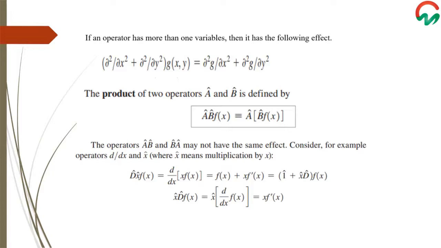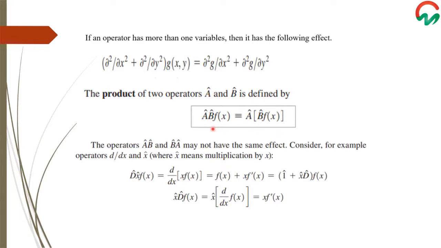If an operator has more than one variable, then it has the following effect. Let us take this example where this is an operator and these are the two variables. We will write this operator with these two variables separately, as you can see in this example. The product of two operators A and B is defined by this equation.